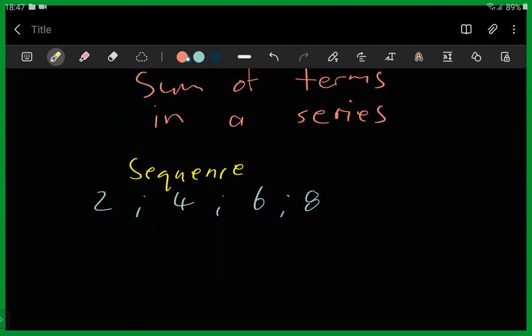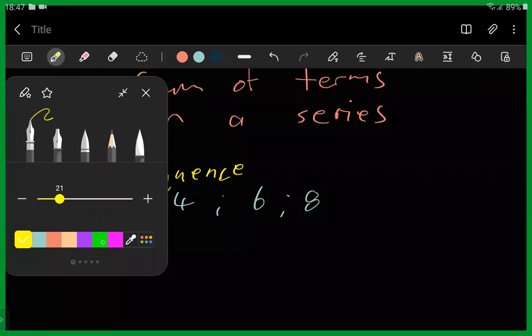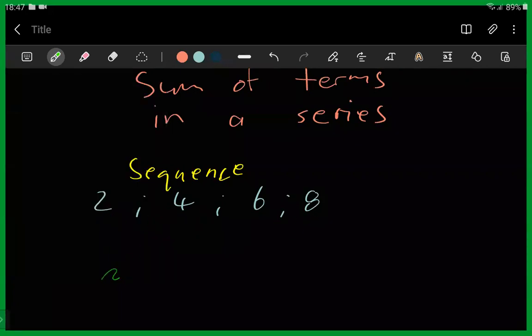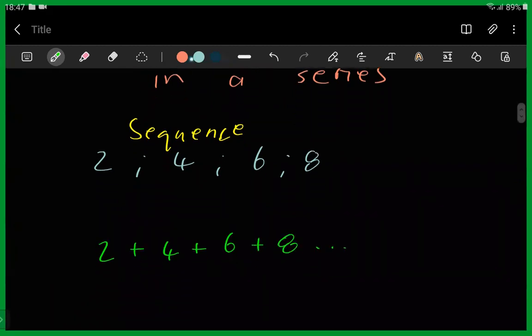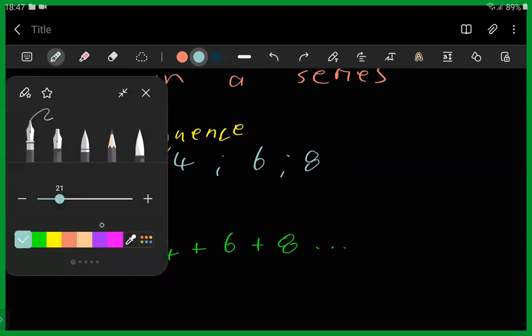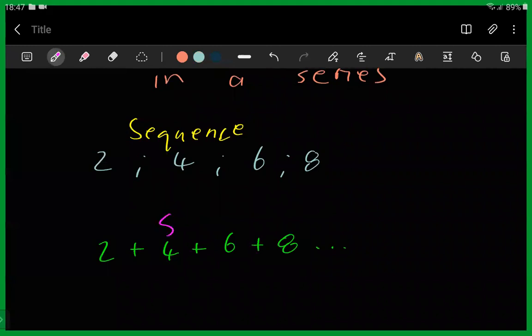The moment they change it to 2 plus 4 plus 6 plus 8 going onwards, they now call it a series, but they work exactly the same. Determining the next term, you do the same thing. Getting a general term, you do the same thing. It's just a name that gives you an idea of how it looks visually.